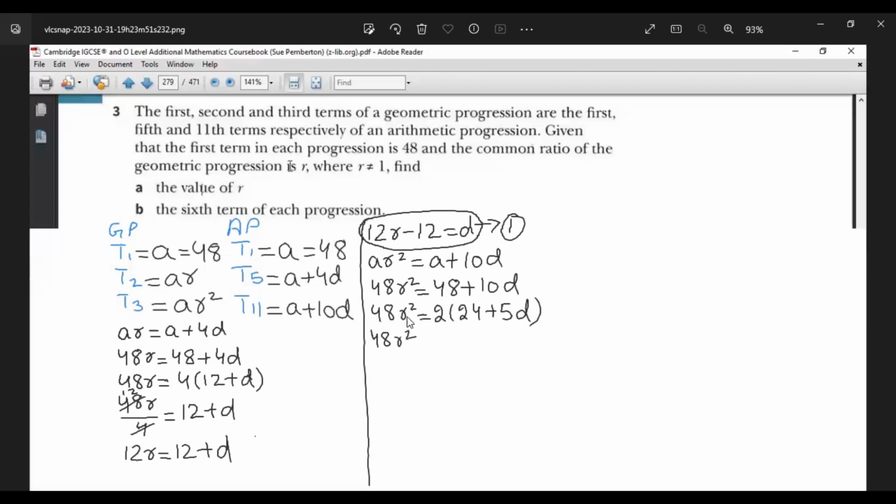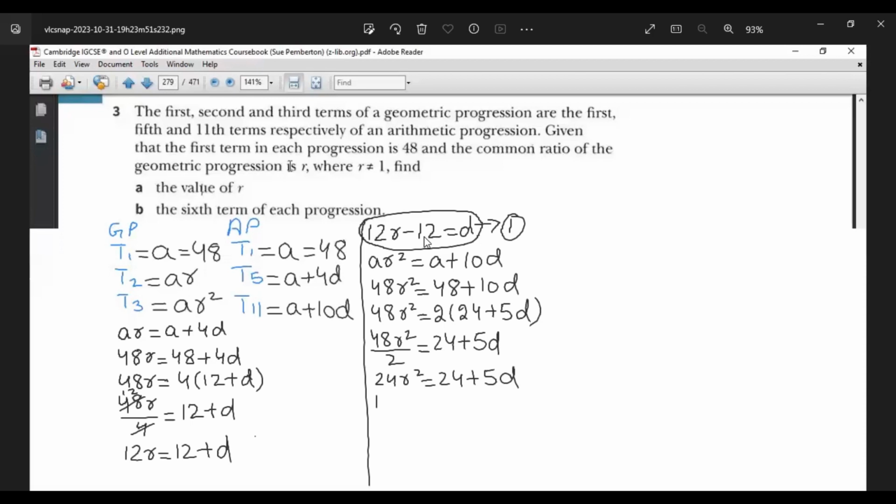This 2 which I have got over here, I will be shifting it to the denominator. So 24 plus 5D. So on simplification, I will be getting 24 R square equals to 24 plus 5D. Okay. Now we have got a value of D, which is this one.